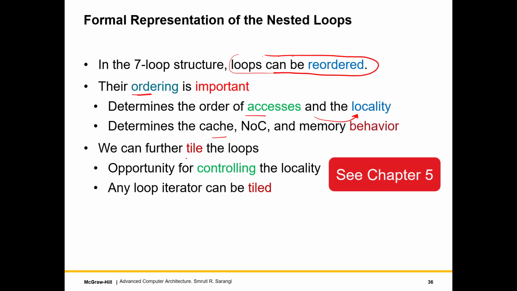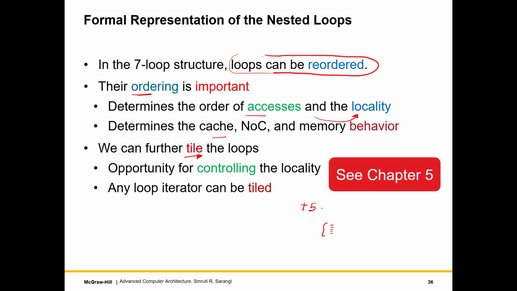The next thing is that we have an additional option of tiling the loops. I'll just show it with code. If you go back to loop tiling, we had discussed it in chapter 5, where if a loop has 1,000 elements, we divide it into two loops, where in one loop we go in blocks of plus 5, and then within the smaller sub loop, we iterate within the block.